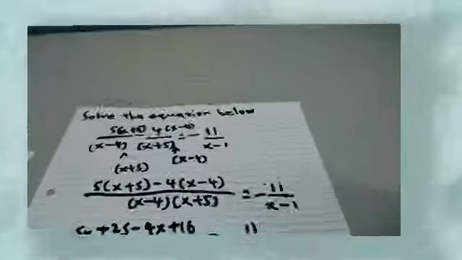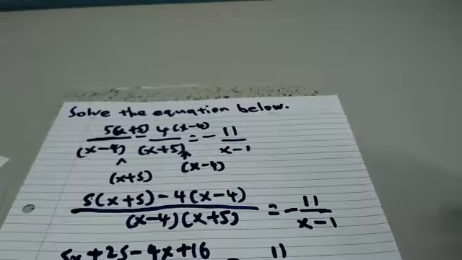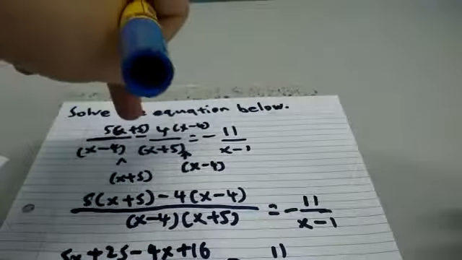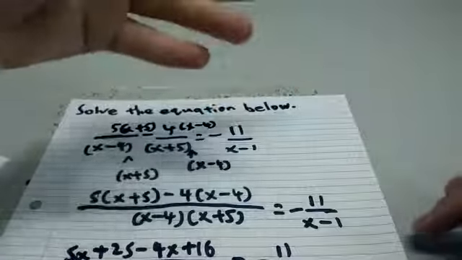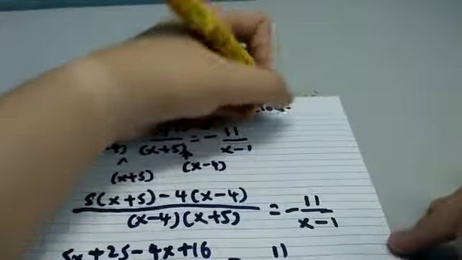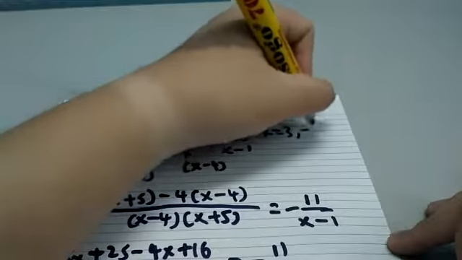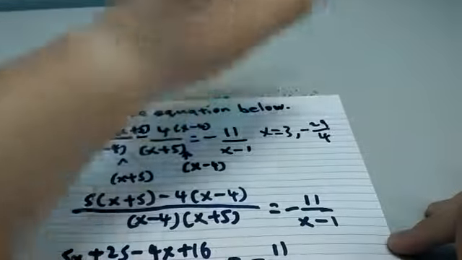So guys, we have found the solution for x for this equation. The solution for x of this equation is x is equal to 3 and negative 29 over 4.